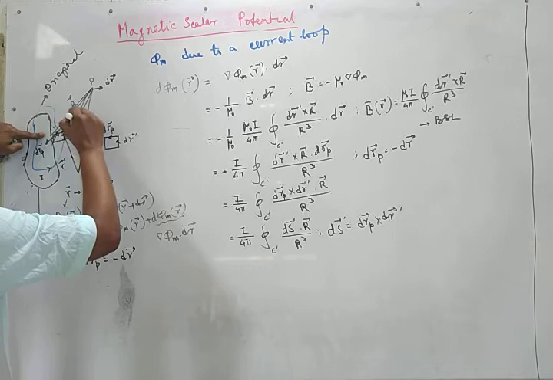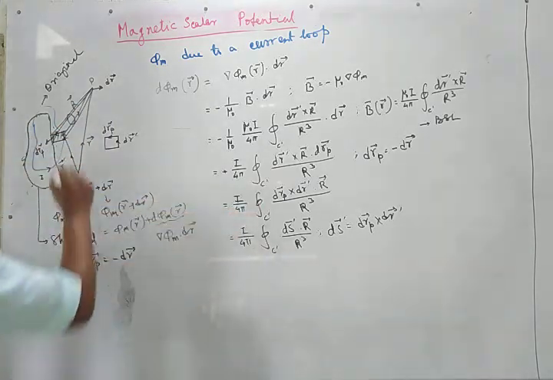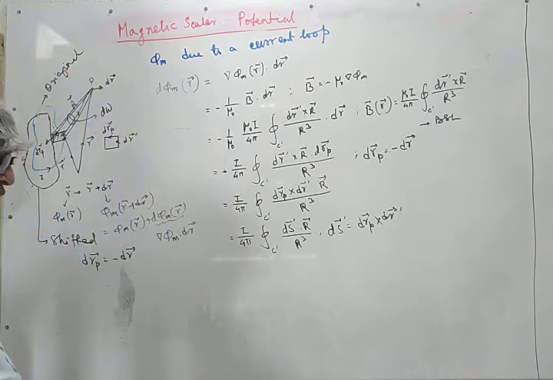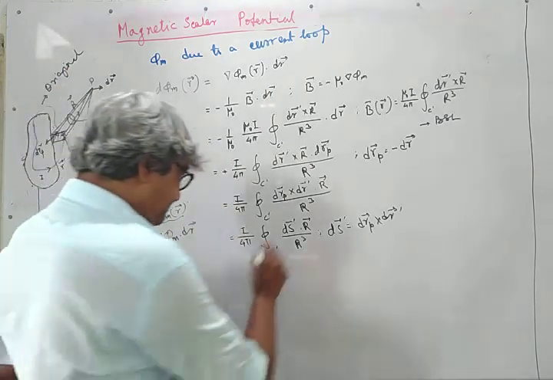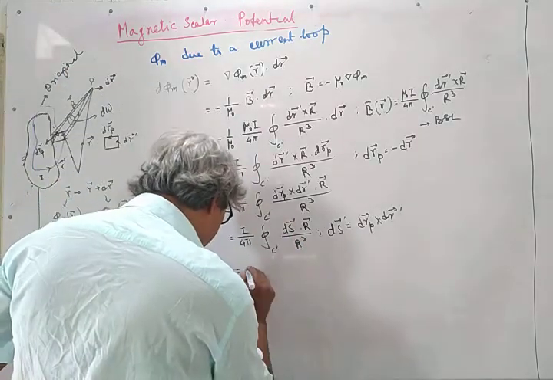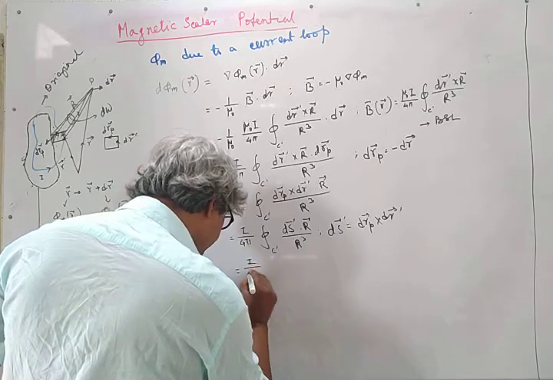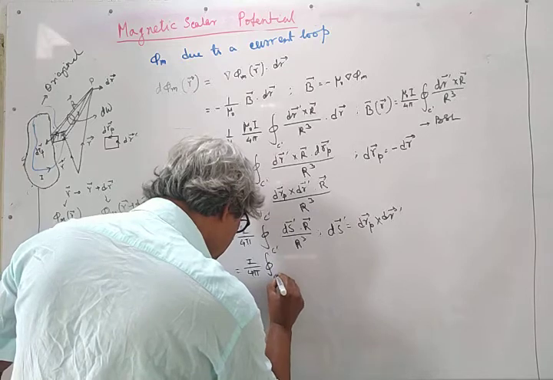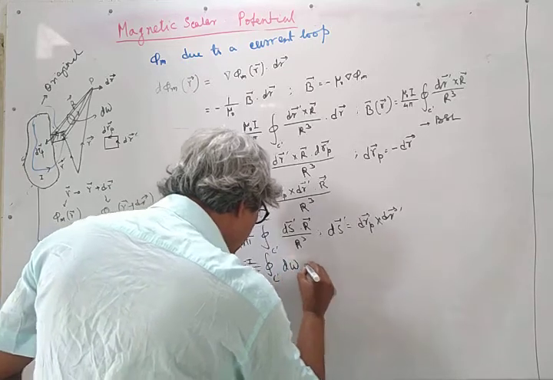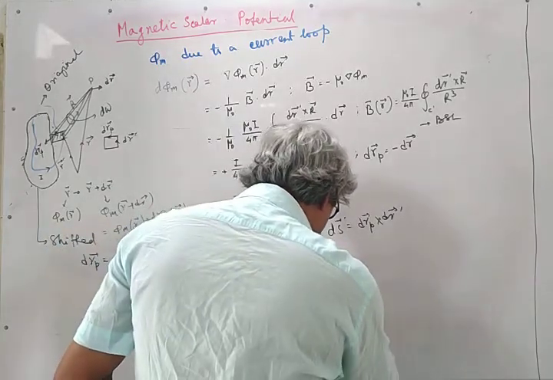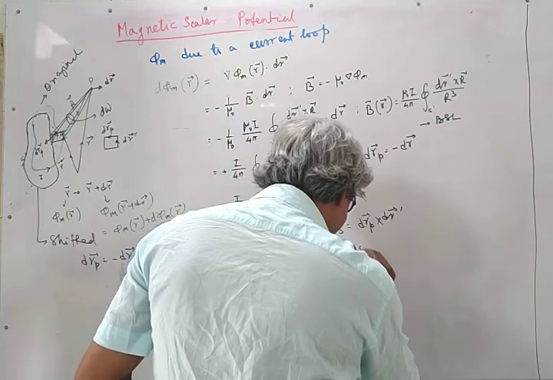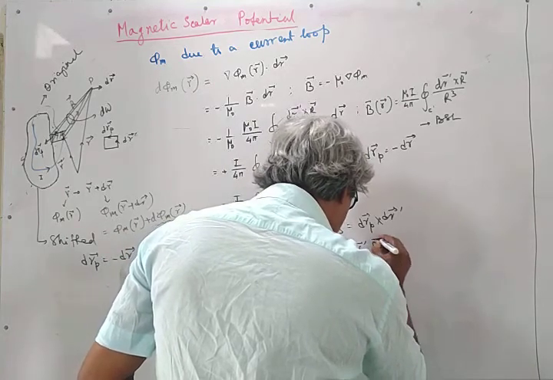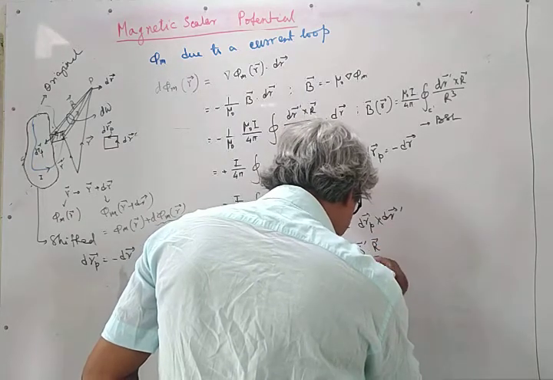This solid angle is d omega, where d omega is equal to ds prime dot r upon r cube.